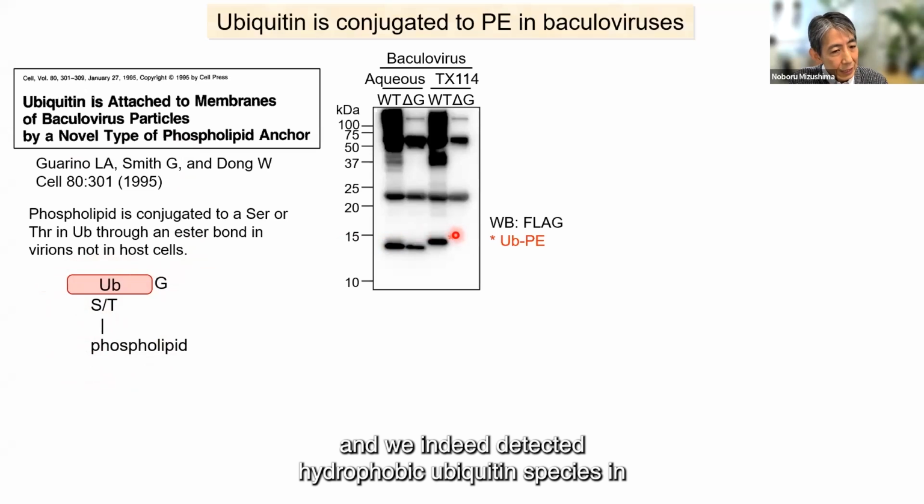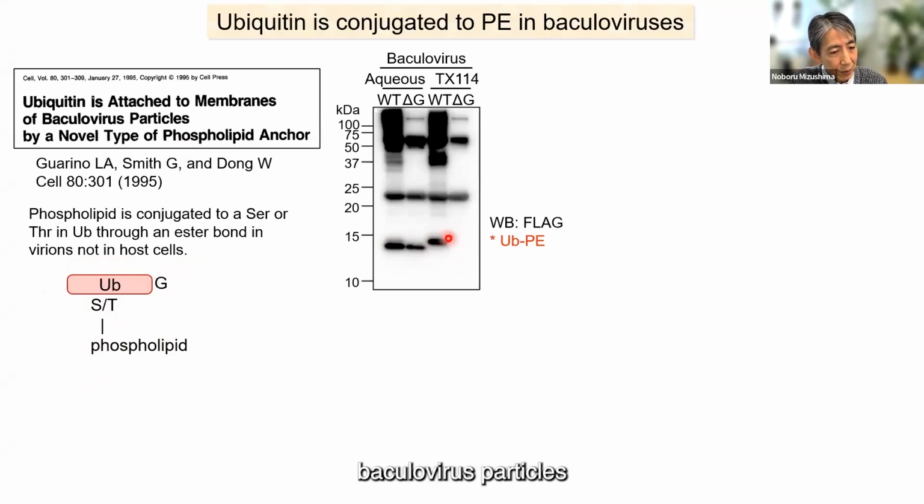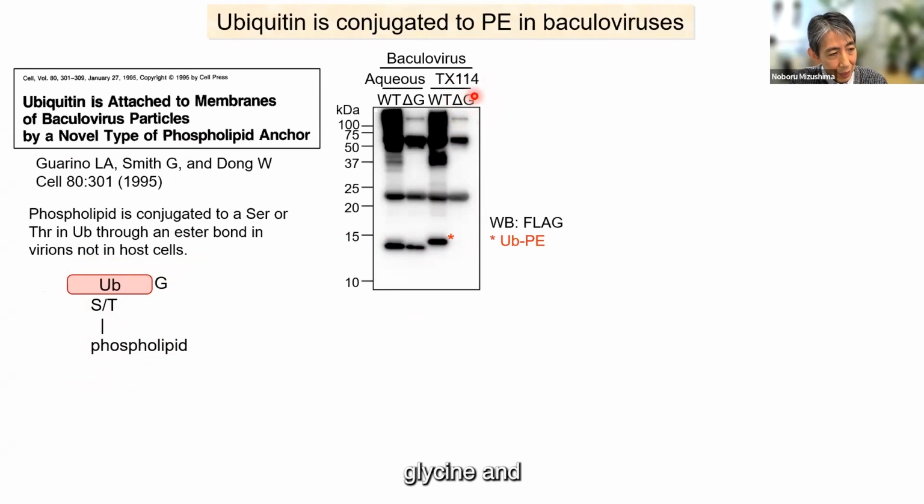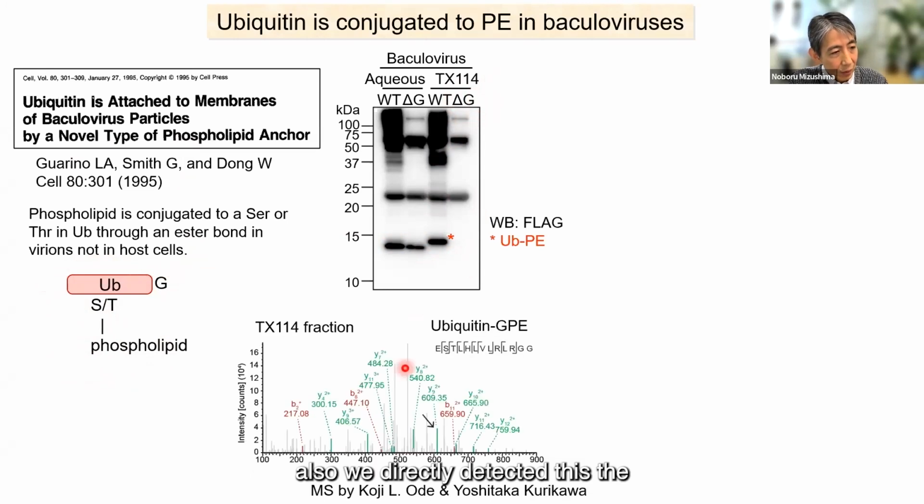And we indeed detected hydrophobic ubiquitin species in baculovirus particles, but they disappeared when we deleted the ubiquitin C-terminal glycine. And also we directly detected the ubiquitin GPE-conjugated C-terminal fragment.